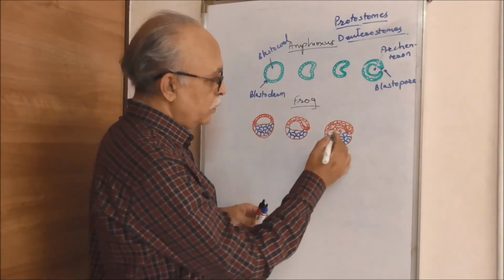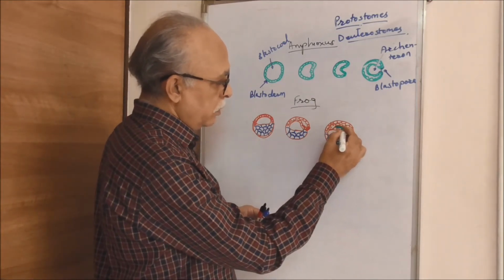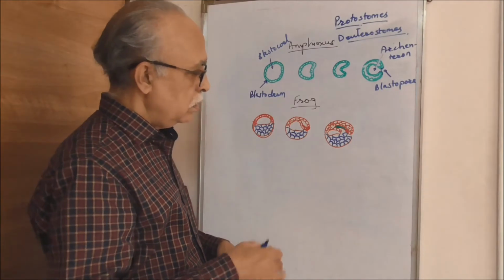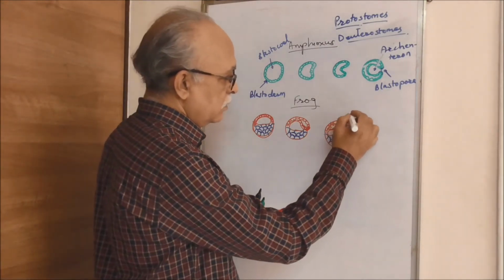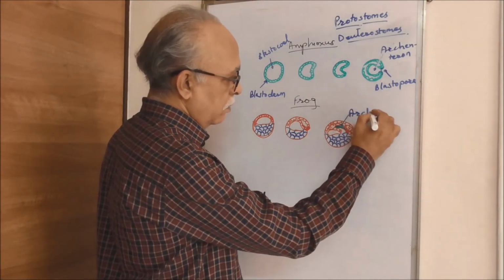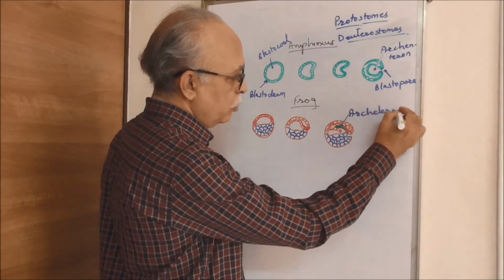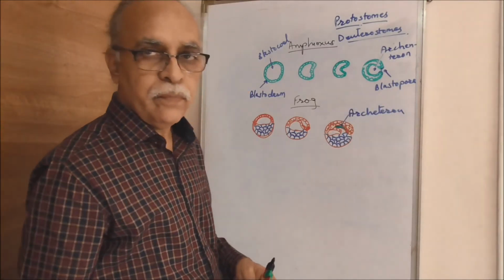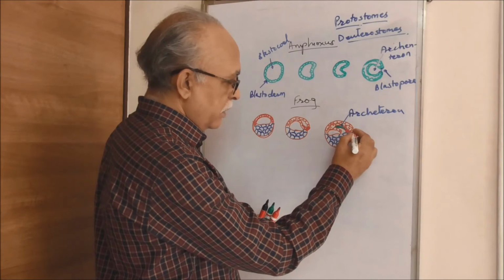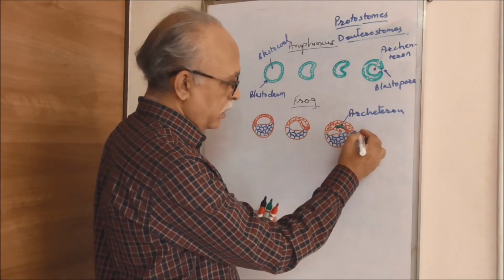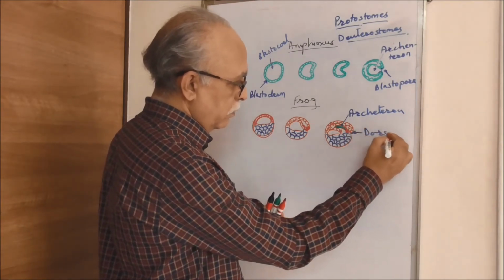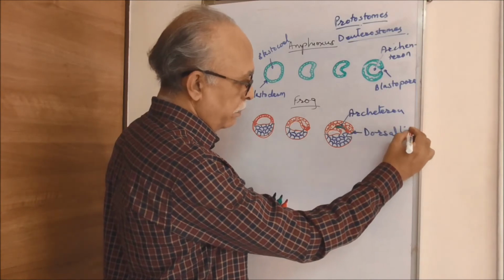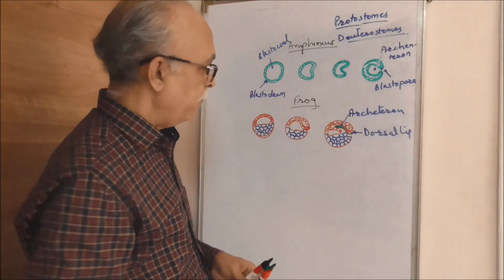This cavity, which is newly appearing here, is now called as the archenteron. And this layer which is formed here, this is called as the dorsal lip of Blastopore.